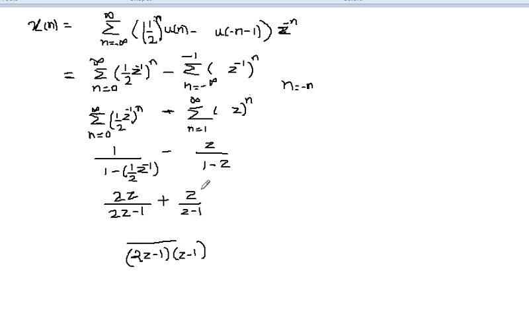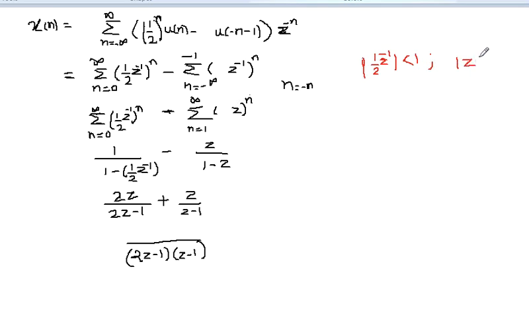Again the multiplication of these two we will get, and we can write this one 1 by 2 z raised to minus 1 raised to n as this one if and only if there is a condition that 1 by 2 into z to the power minus 1, if it is less than 1, then only we can write this solution, otherwise no. And similarly we can approximate this one if z is less than 1.